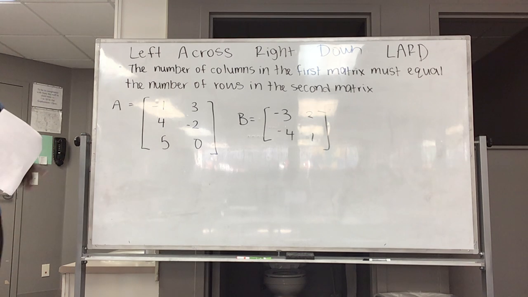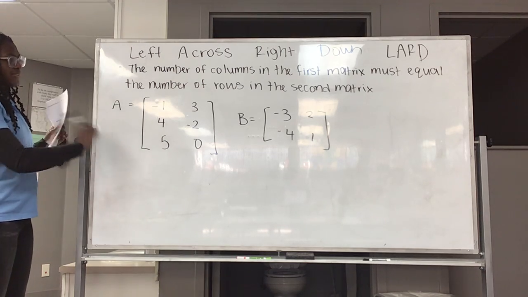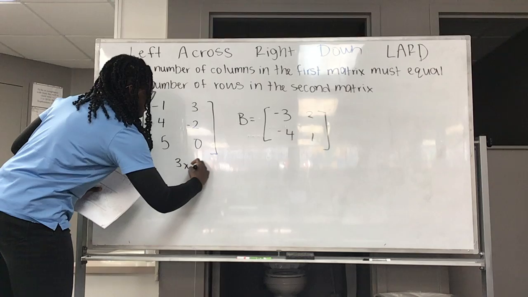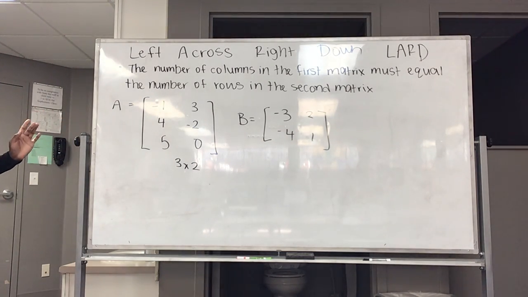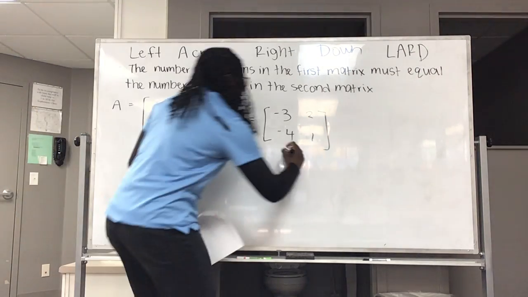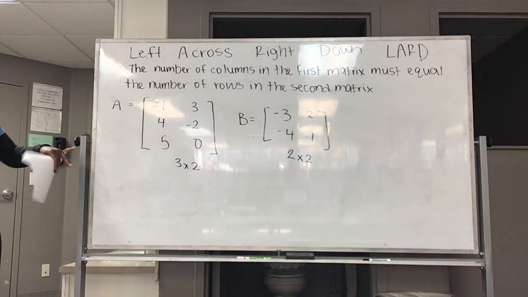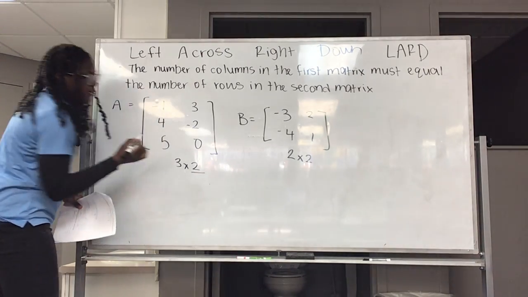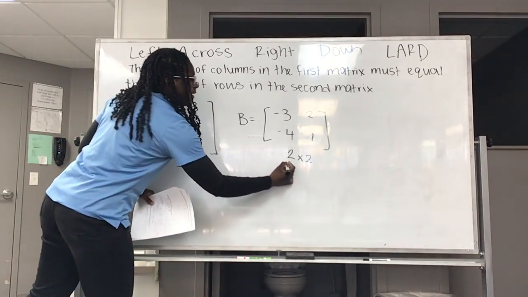So our first example, we're going to multiply A and B, and before we start, I'm going to check the order of both. So this first one has 3 rows and 2 columns, so 3 by 2. And then my second one has 2 rows and 2 columns, so 2 by 2. So although they don't have the same order, the number of columns in the first one is 2, and the number of rows in my second one is 2.